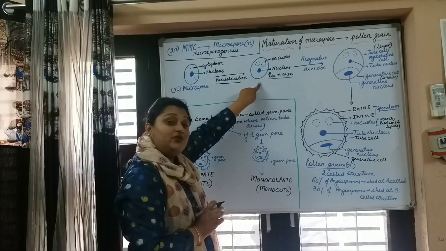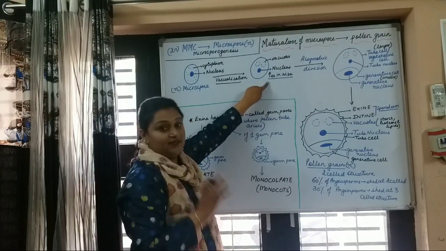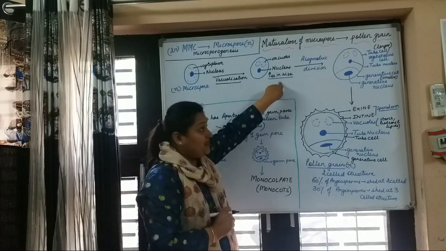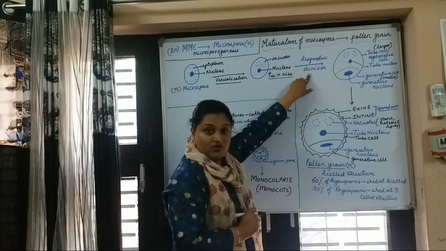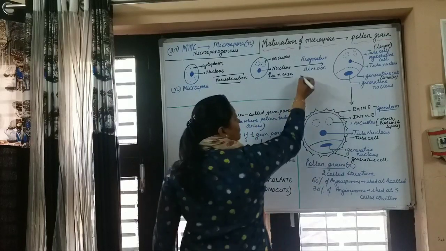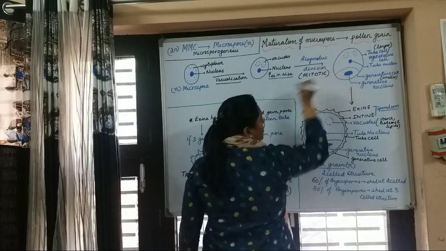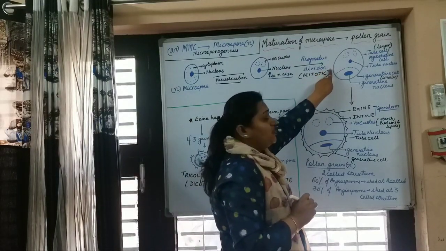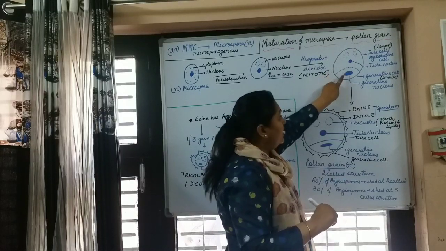When vacuolization occurs, the structure increases in size. Immediately after that, it undergoes an asymmetric division, which is again a type of mitotic division.